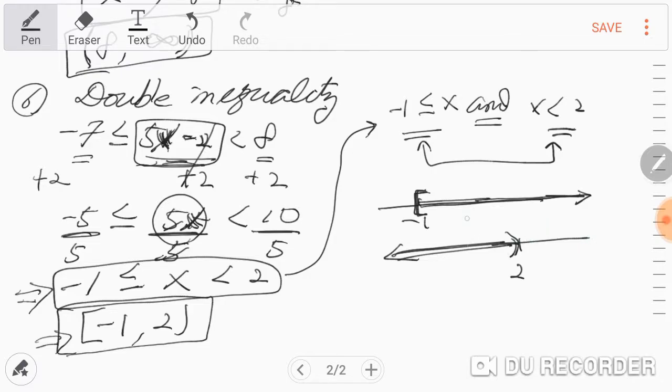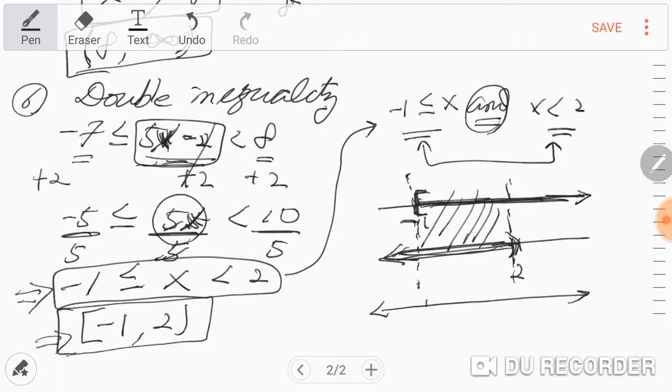Then combine these two. The conjunction is and, which means x has to be greater than negative 1 and also less than 2. So it will be the intersection. The overlapped area is the solution. This area is the solution. So finally the graph will be x greater than or equal to negative 1 and less than 2.